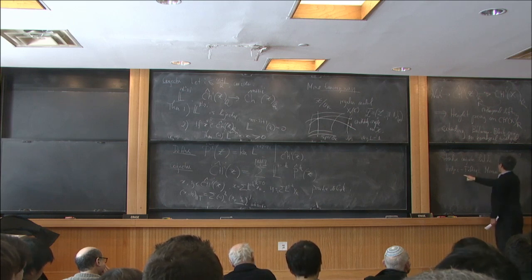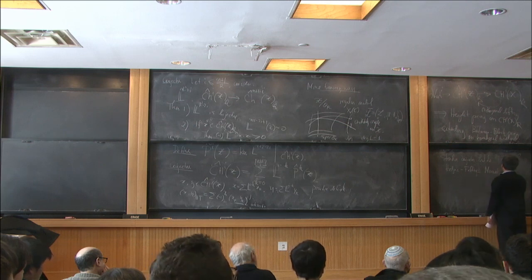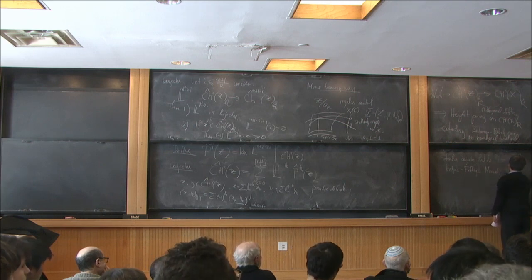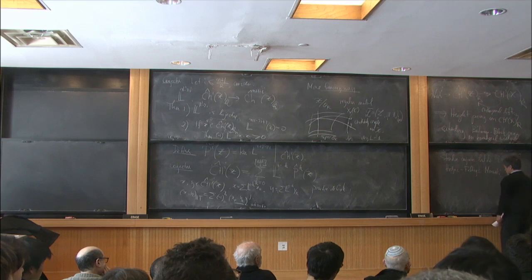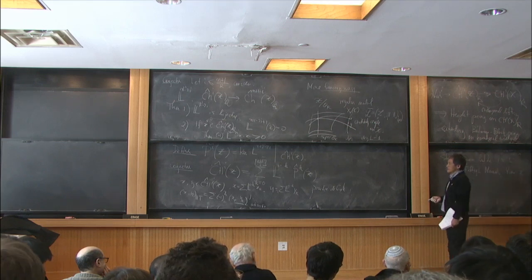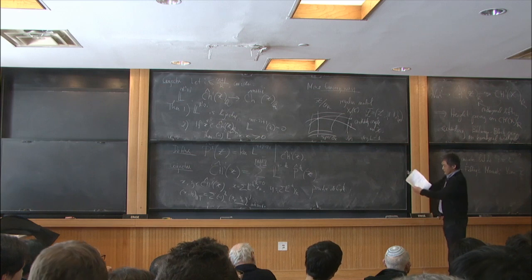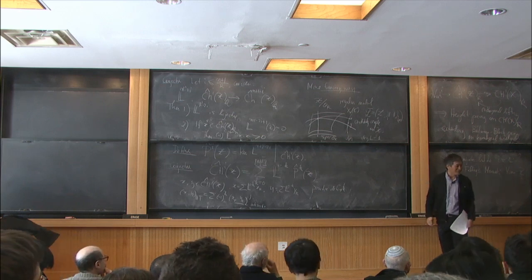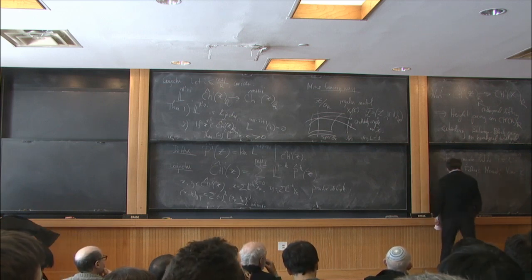So this is for curves, this is for the algebraic case. For the adelic case, it's proved by Yuan and myself. So this is true. Once this is true, I should have a way to construct such a pairing.